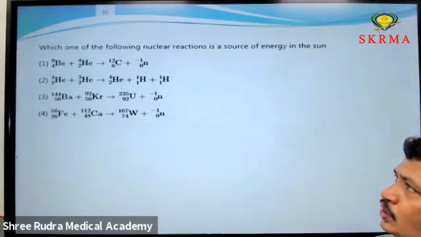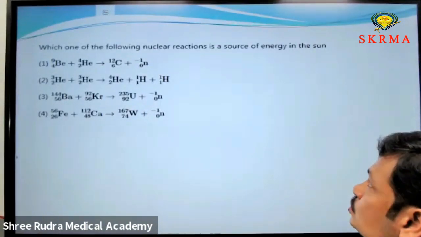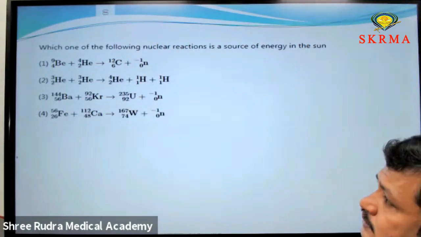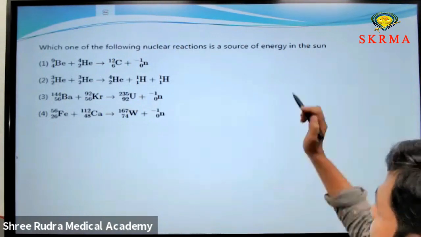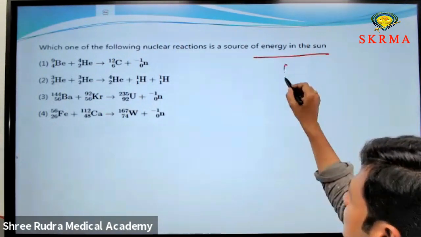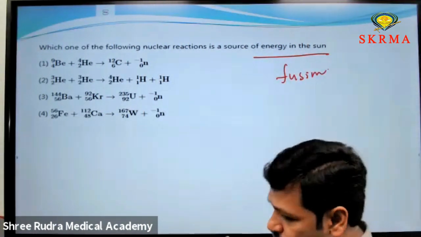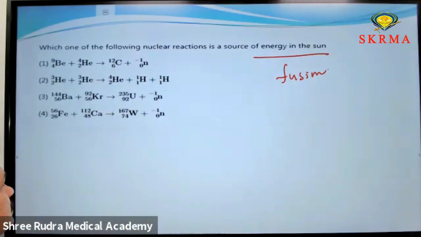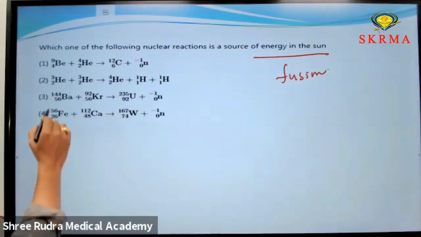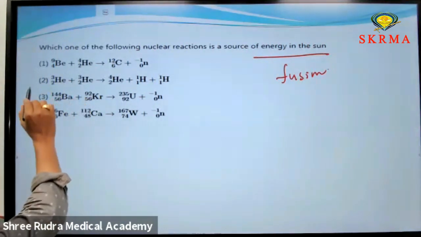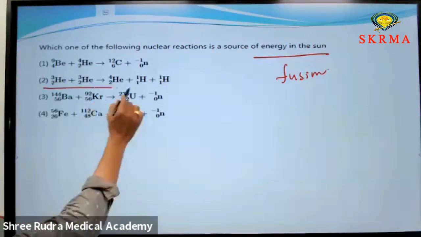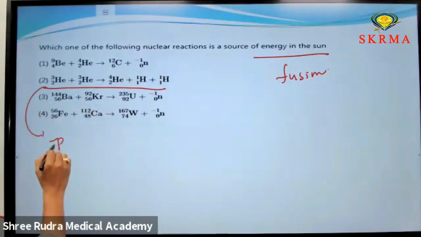Which one of the following nuclear reactions is a source of energy in the sun? Energy in the sun is nothing but a fusion process. As it is fusion, you have to identify which one is the fusion process in the given reactions. If you observe here, this is directly the proton-proton cycle.